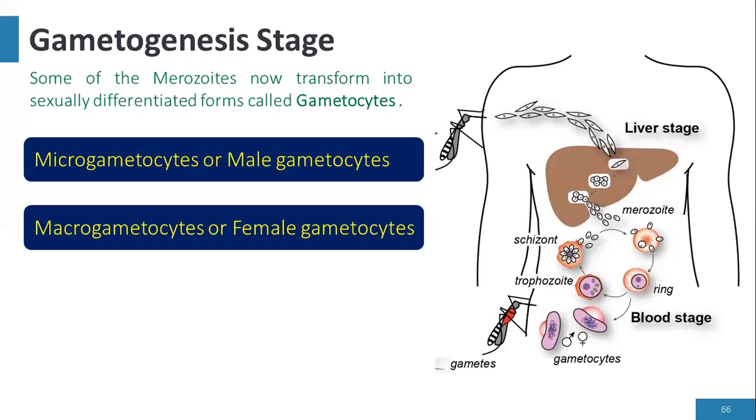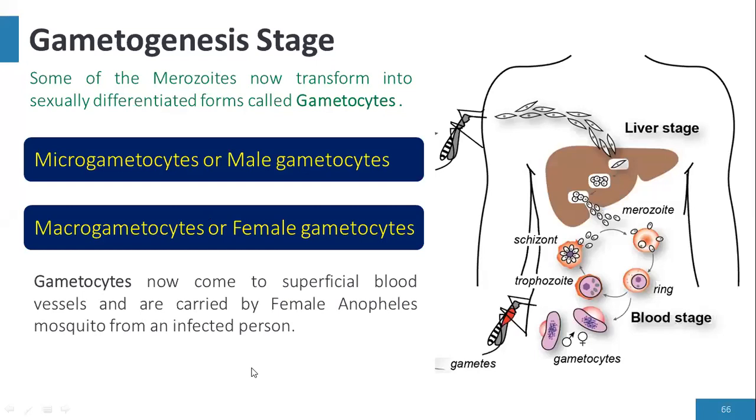These are the gametocytes which will prepare the gametes. And these are formed by asexual reproduction. Don't say, sir, you have written sexually differentiated at the top. I am saying they are sexually differentiated into male and female gametocytes, but they are formed by an asexual method.